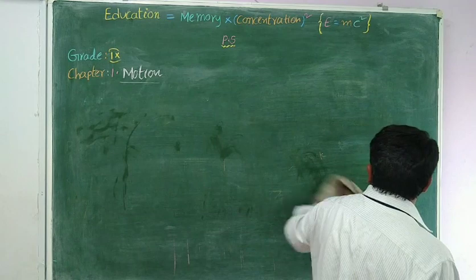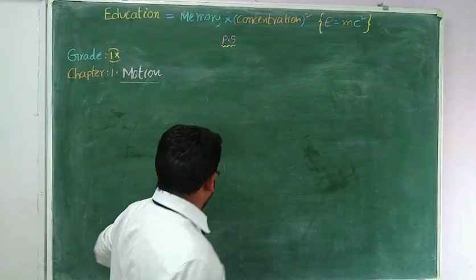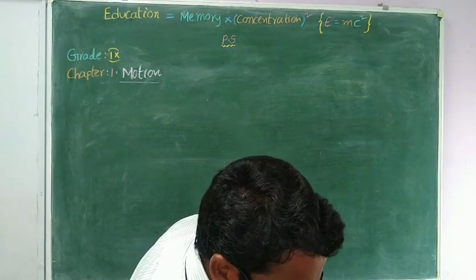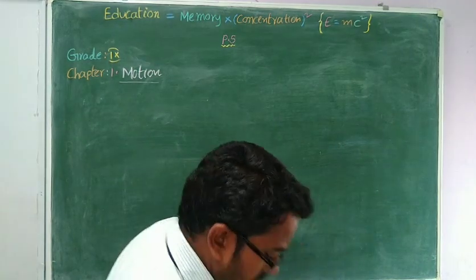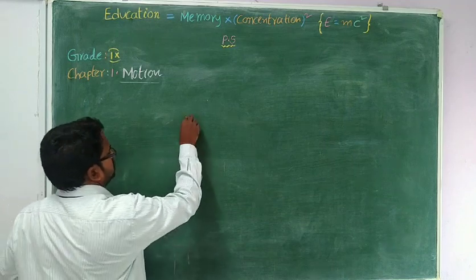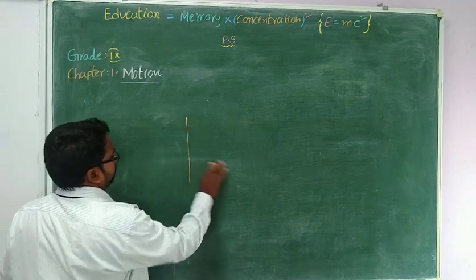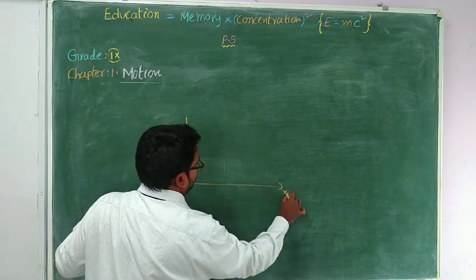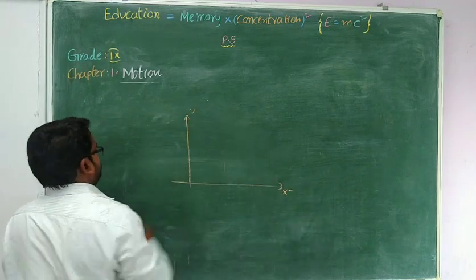Now, how can you say the nature of the object with respect to graphs? Commonly in the informative question, they are going to ask you like this. Maybe a graph with the x-axis and the y-axis.